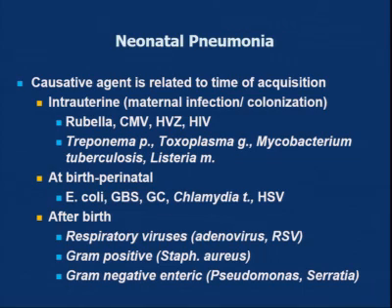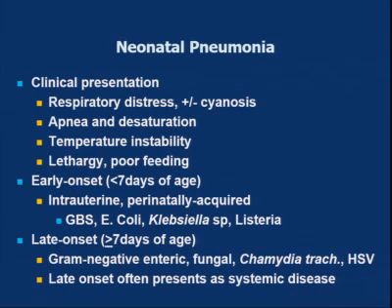So GBS we don't see as much anymore. GBS is now 0.34 per 1,000. We used to see about 6 to 7 per 1,000. But now we see occasionally kids with E. coli and gram-negative organisms.